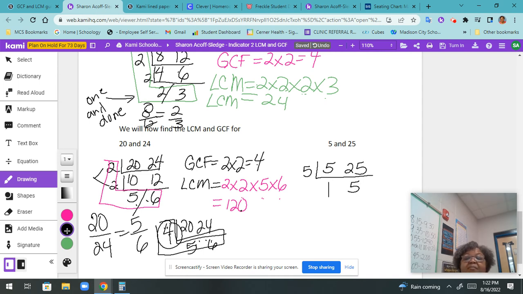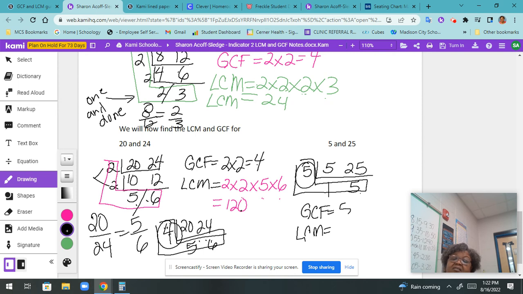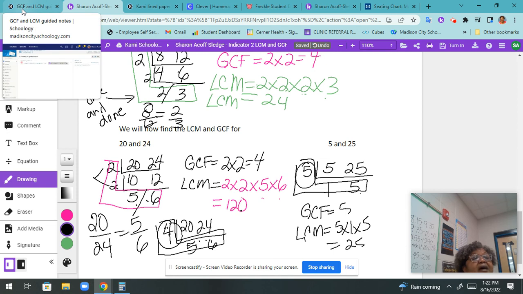We are 1 and done because the only thing that will go into 1 and 5 is 1. So my GCF is that number over there on the right, which is 5. And then if I draw my big L, my LCM is 5 times 1 times 5. 5 times 1 is 5. 5 times 5 is 25. So my LCM is 25.